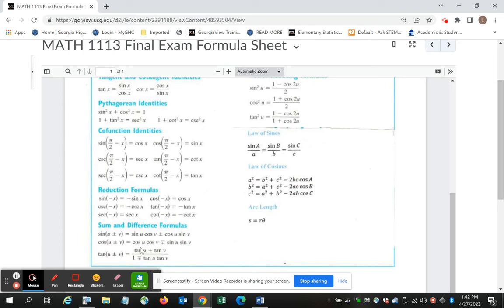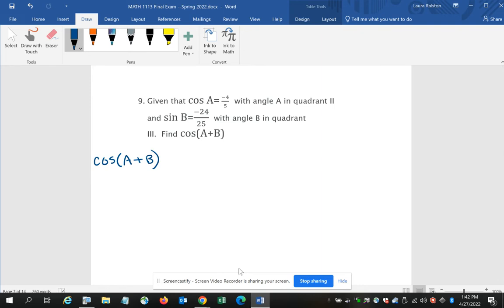So we want to write down our formula: cosine A times cosine B minus sine A sine B.